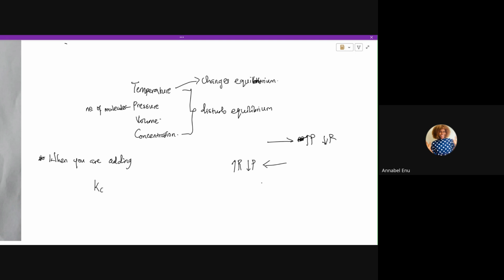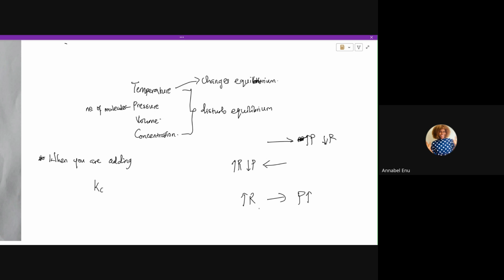An easy way to remember this is to think of a normal reaction as reactant to product. Reactants will react to give us product. You see the arrow is going towards the side where product is.